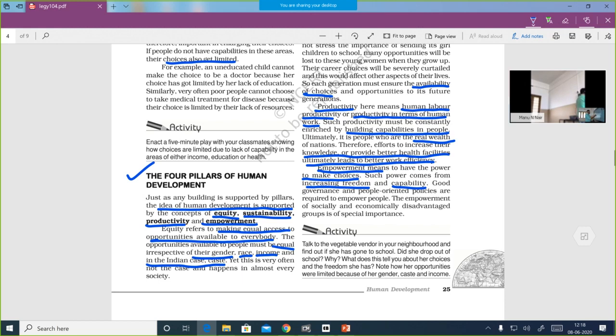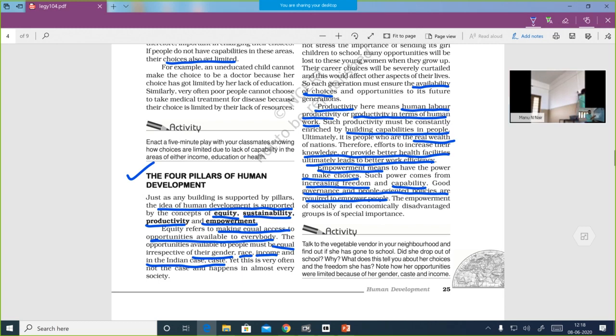Good governance and people-oriented policies are required to empower people. What are the main things needed for empowering people? It is good governance by the government and people-oriented policies. The policies brought up by the government should be people-oriented. The people should get benefits from those policies.